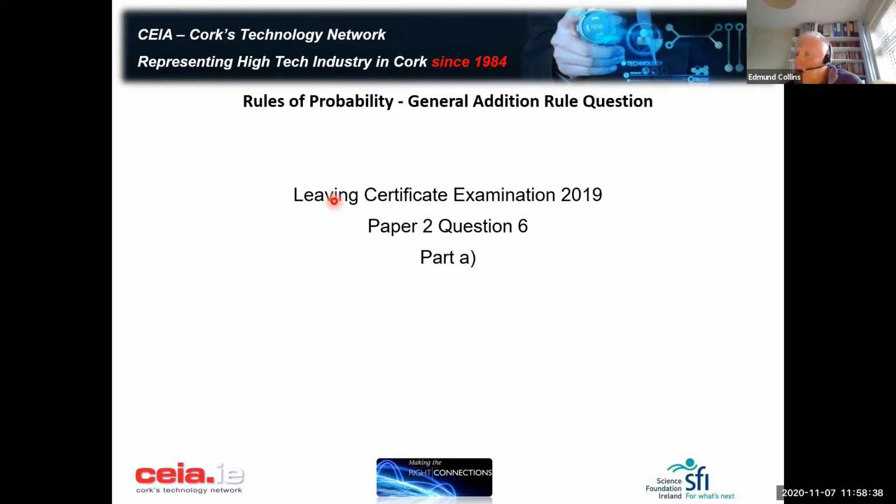But it's a good question because it's going to cover quite a bit of what we've looked at in the last few slides. So I'll work through that on the pad here.